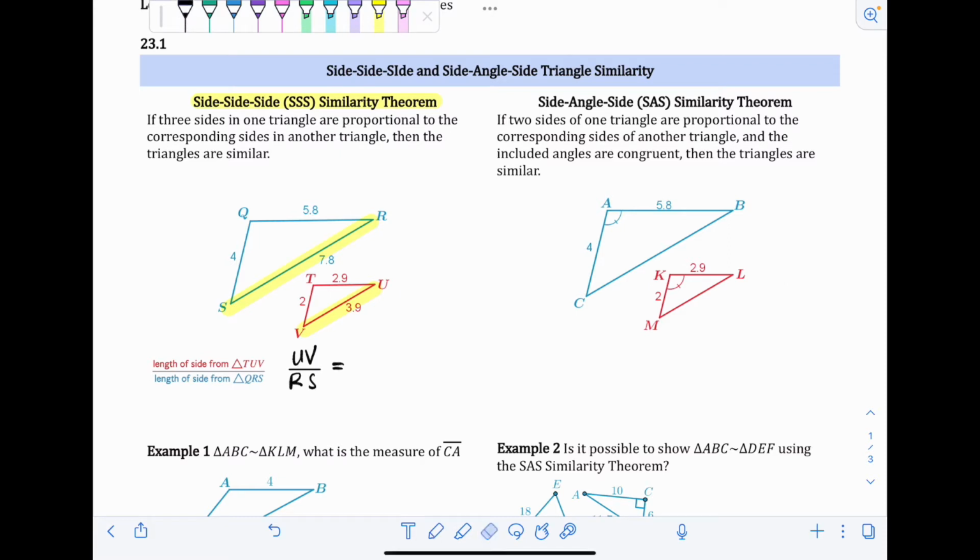And then that's going to be equal to, or hopefully equal to, the next pair of corresponding sides, which we'll say UT corresponding to RQ. And then that is hopefully equal to the last pair of corresponding sides. So TV is corresponding to QS, so TV over QS.